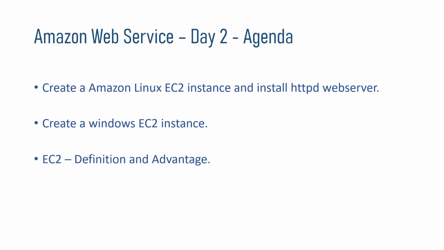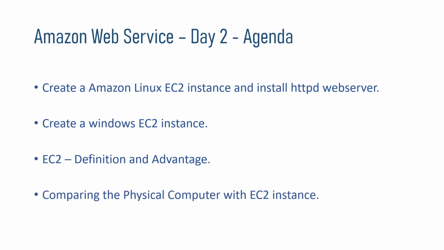Then we will see the definition and the advantages of going for Elastic Compute Cloud, and then we will be comparing the difference between the physical computer and the Elastic Compute Cloud instance. Okay, let's move on to the next slide.